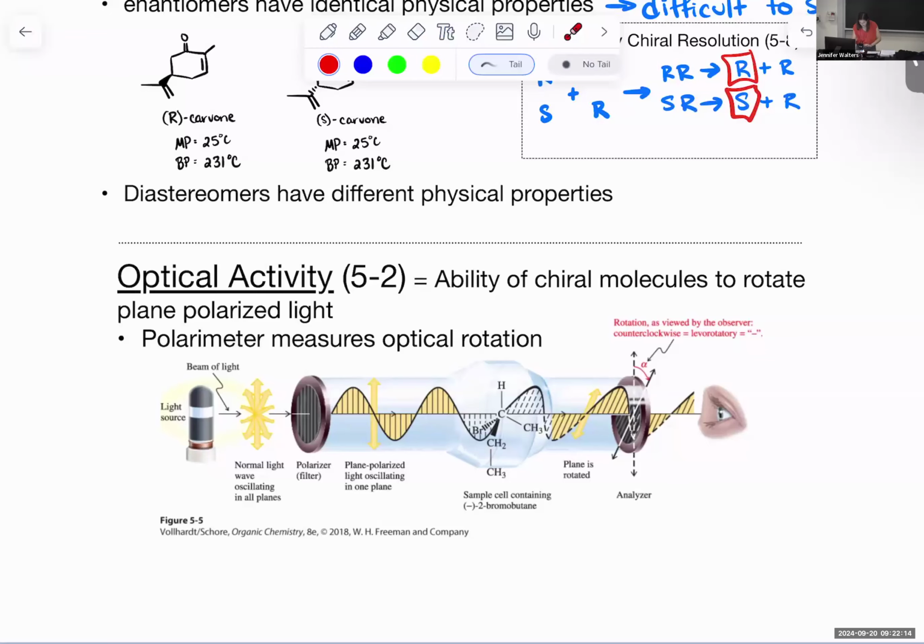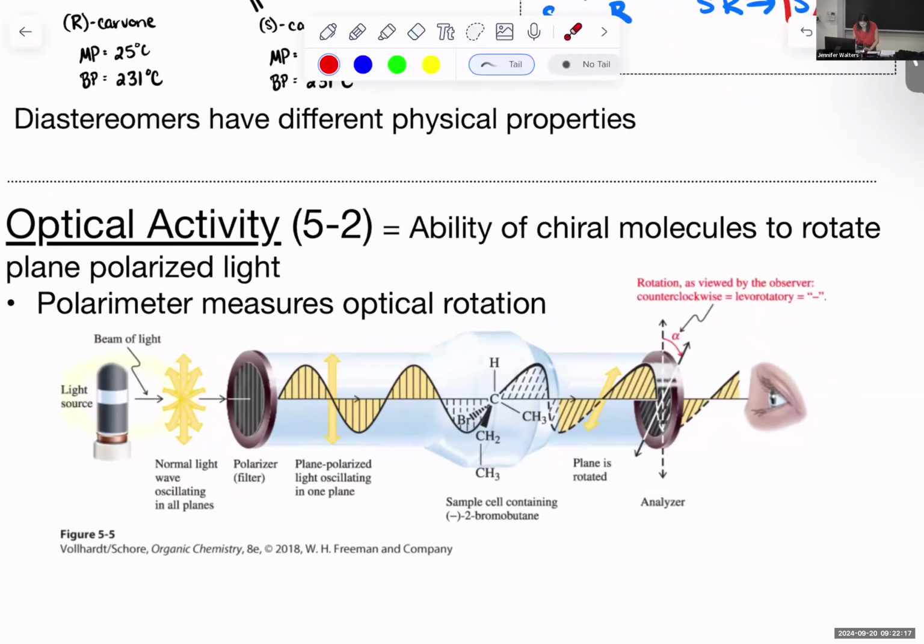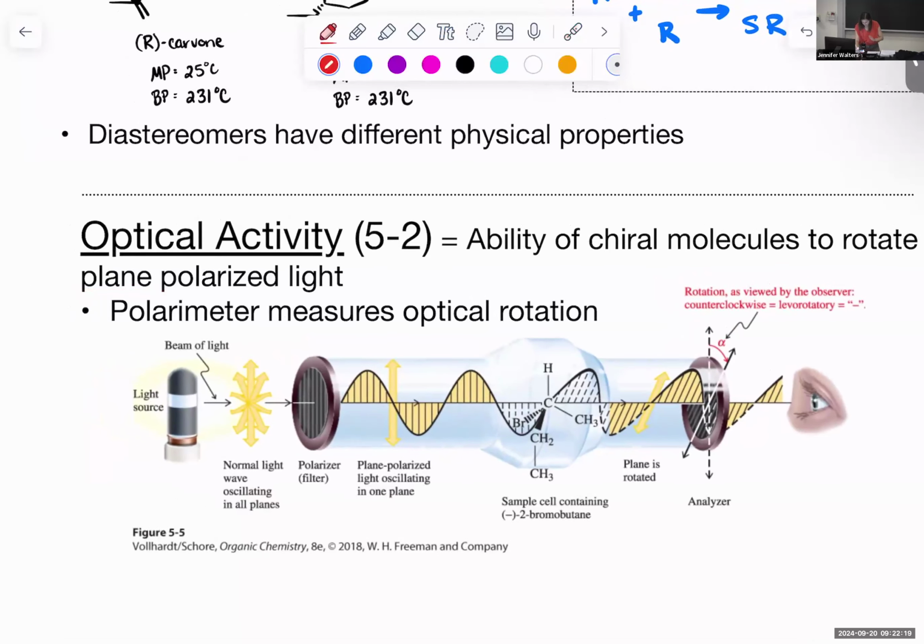So what that means is plane, meaning a two-dimensional platform, like a plane, one direction. Polarized just means filtered light. So we're going to get all of our light going in one direction, and we're going to filter it out so that it is just all one thing.